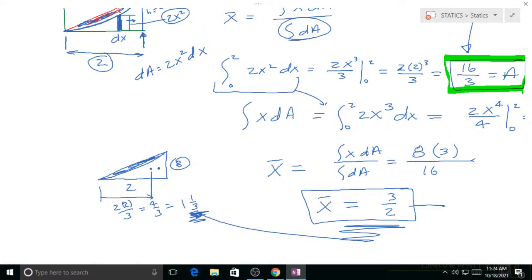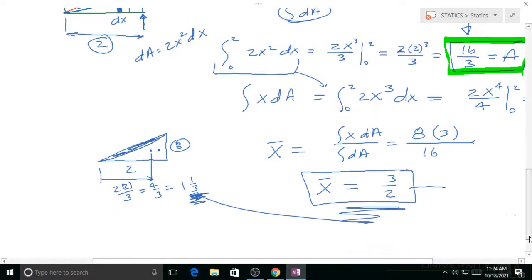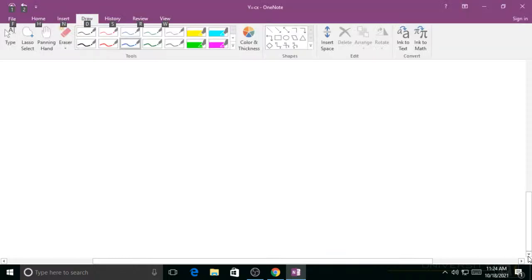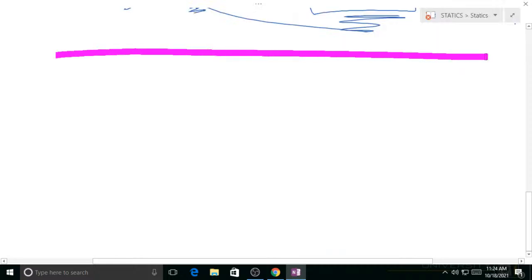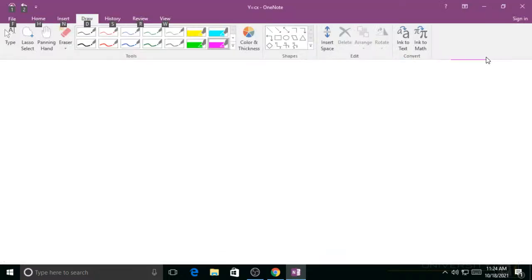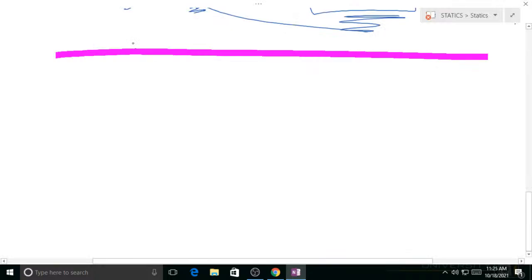Now, I could even go more berserk. Okay, I've already brought this up, and I was kind of planning to go on to the next topic, but since I'm making this, let's say you have, this is ridiculous, but let's say you have a sliver that looks like this, in which the bottom was, okay, what did I just say that was? 2x squared.